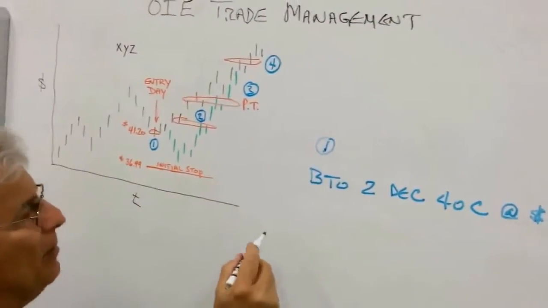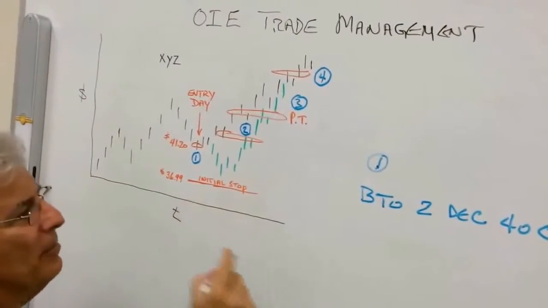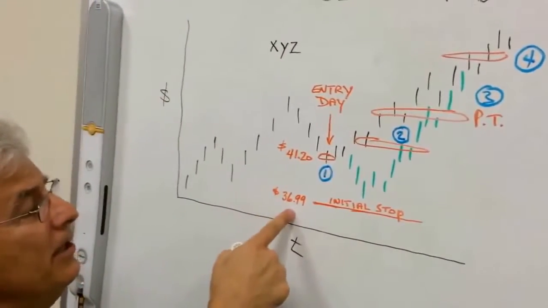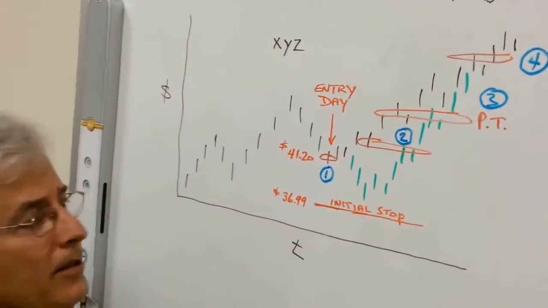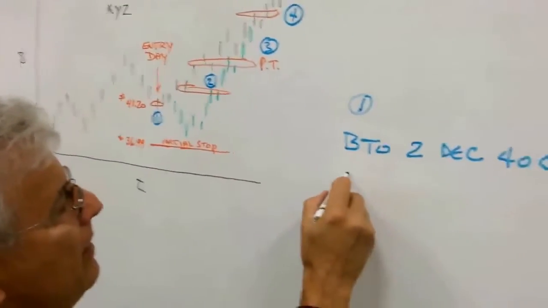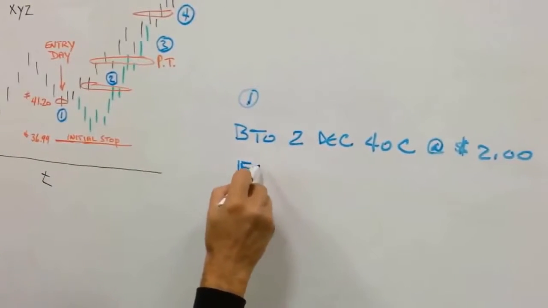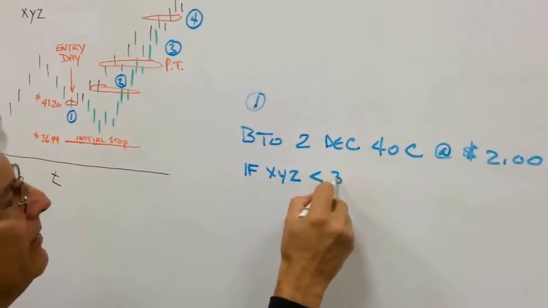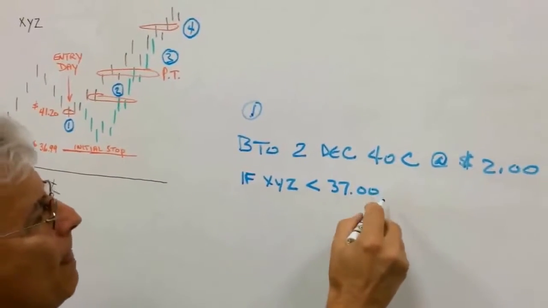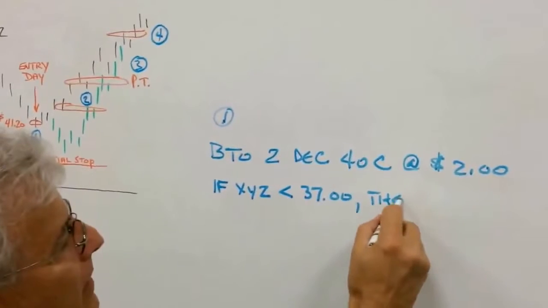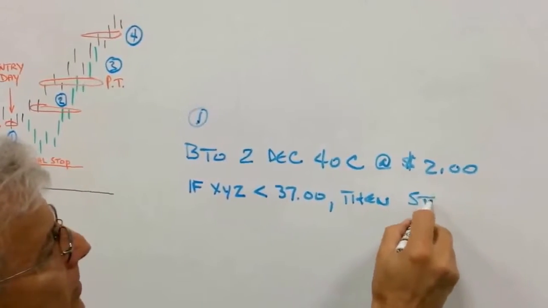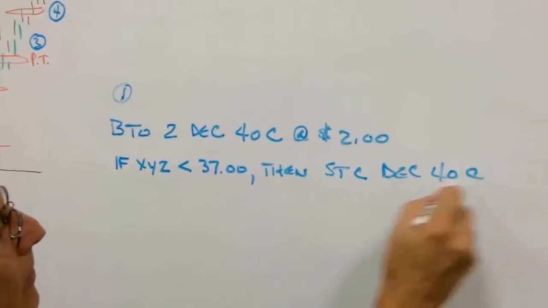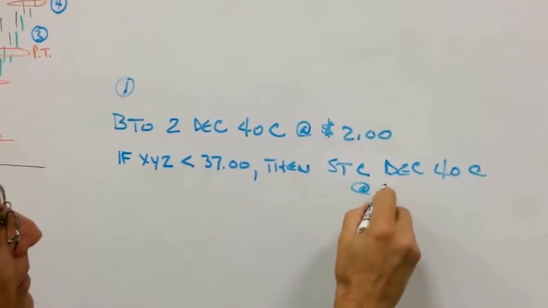Now at the same time, we want to load in our trailing stop. And the software in this example, let's say, said the initial stop was at $36.99. So what we're going to do is we're going to say if XYZ is less than $37, then sell to close the December 40 call at market.